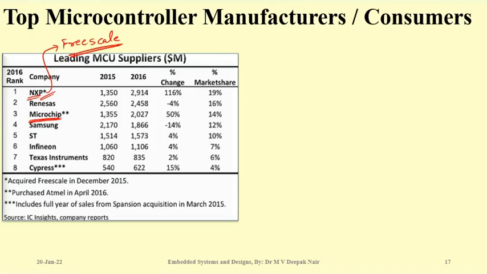Then of course after that there are some big companies which you know, Samsung. Samsung produces microcontrollers at large scale, and then STM32 and all, Infineon, Texas Instruments, TI. These are the giants which produce microcontrollers.